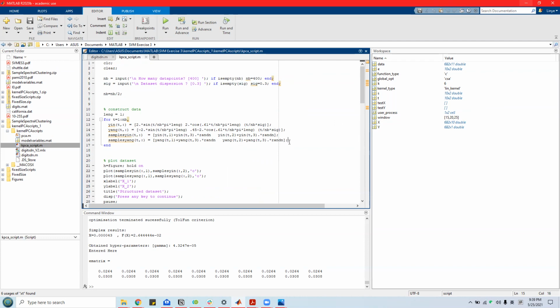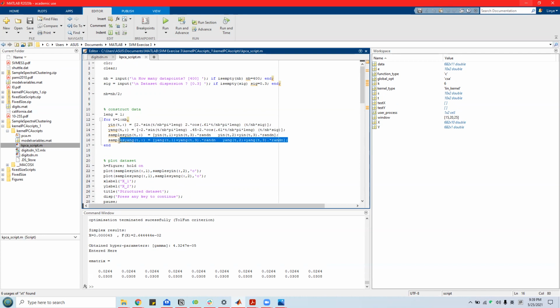And then here it's already sample yin and sample yang. But yin and yang is the pure data, right? They don't use the pure data to train the model, they use the sample yin and sample yang.